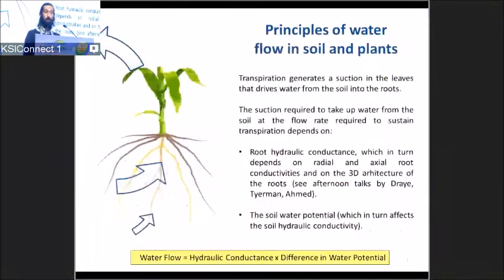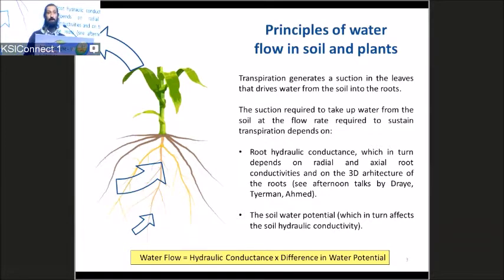It depends principally on the root hydraulic conductance, on the conductivity of the whole plant, which in turn will depend on radial and axial conductivity of the roots, which we will see later today, and on the architecture of how the root segments are arranged.